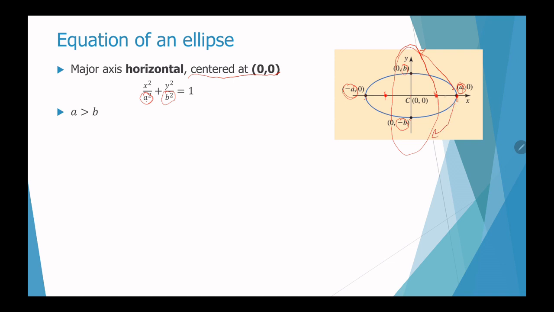It's really the same thing as if it's laying horizontal. We just rotate it by 90. But if it's not rotated, as we're dealing with here, we expect this piece to be greater than this piece, because this would be the major axis and this would be the minor axis.